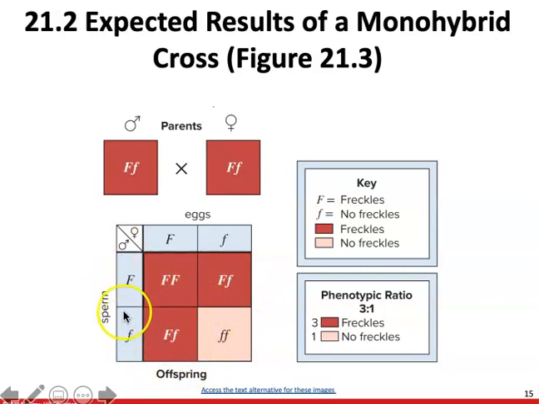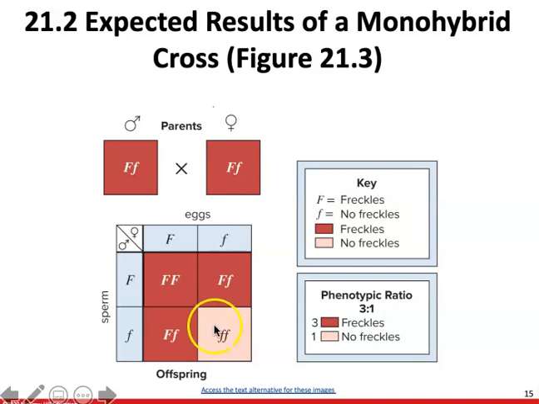For every one of these crosses, there is a 3 out of 4 chance, or a 75% chance, that we're going to end up with offspring with freckles, and a 25% chance, or 1 in 4 chance, that the individual will have no freckles. So those are our phenotypic ratios.